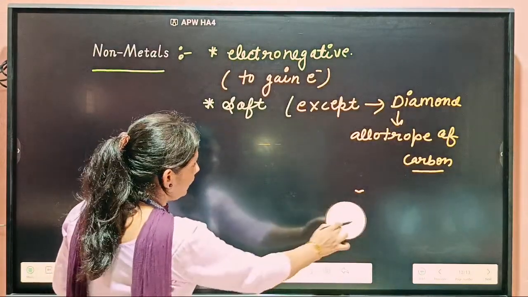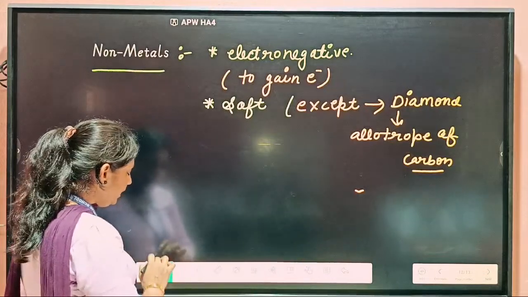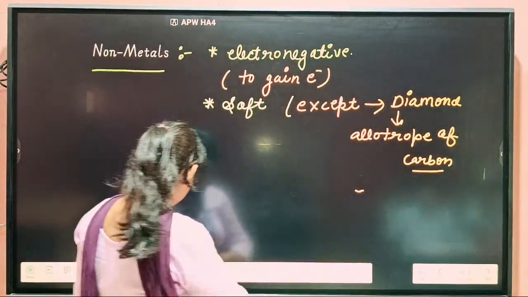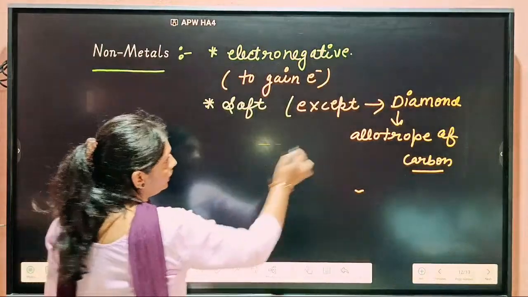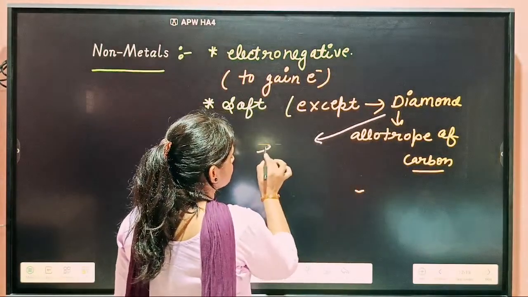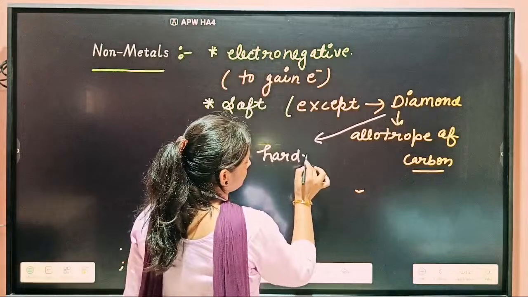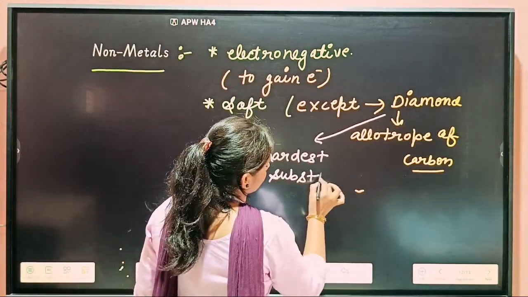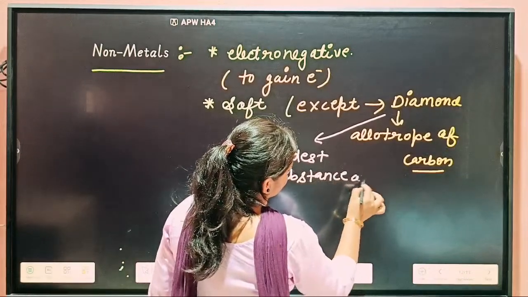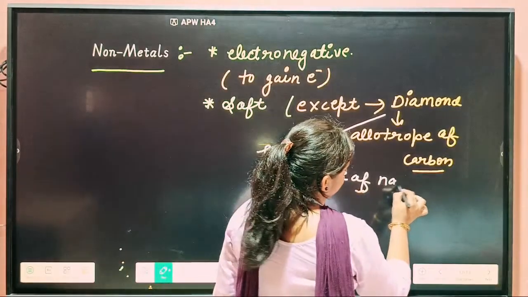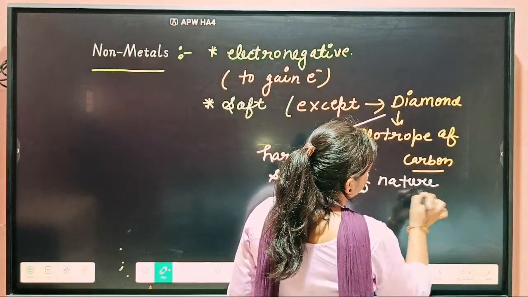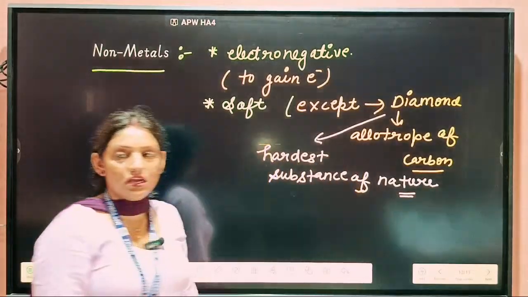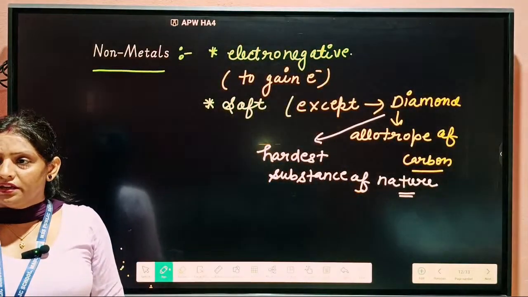Here, diamond is an allotrope of carbon, but it is the hardest substance in nature. So diamond is the exception.